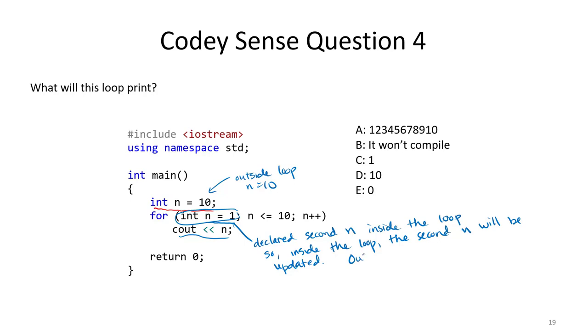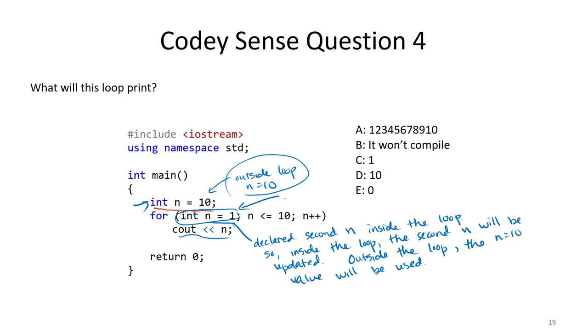Outside the loop, the n equals 10 value will be used. Because remember, this very first n value we declared exists outside the loop and throughout the main function.